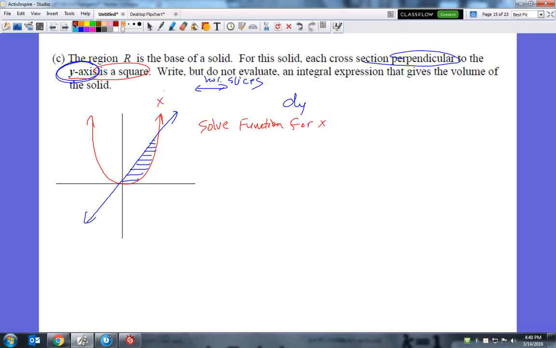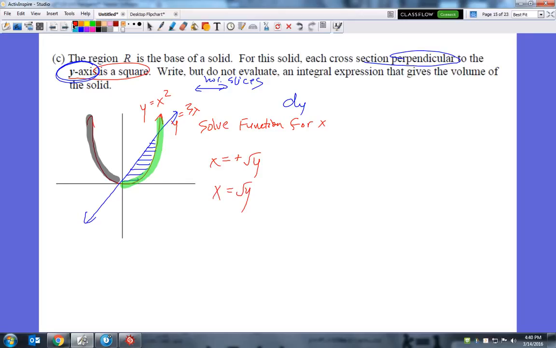So my functions were x squared and 3x. So solving for x, I get x is equal to plus or minus square root of y. Technically, I'm only going to interpret this as the positive square root of y. So let me erase this negative one. It's not accounted for because this negative one is this one over here, but I'm not even working anywhere near that bounded region. Okay, so x is equal to root y.